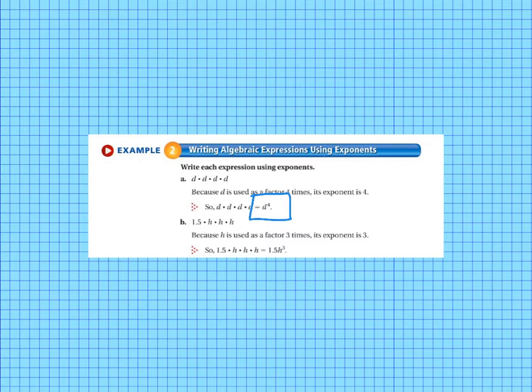So we can kind of forget about the 1.5 for a minute because we have to think about how we're going to write those h's. It says because h is used as a factor 3 times, its exponent is 3. So we have h to the third power, and then we just set the 1.5 in front of it. So 1.5 times h times h times h equals 1.5 h to the third power.